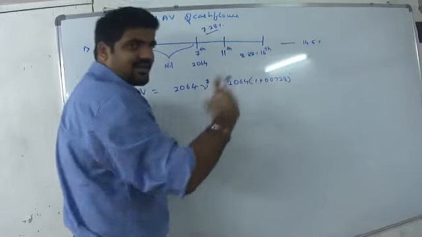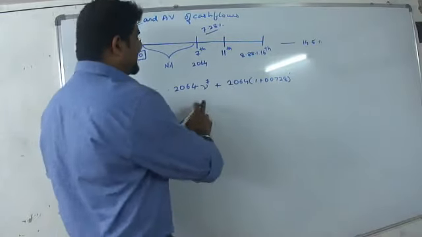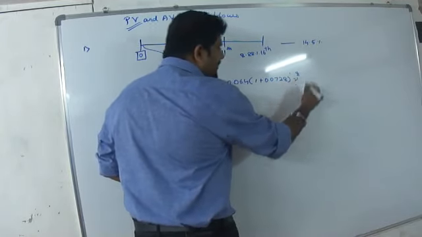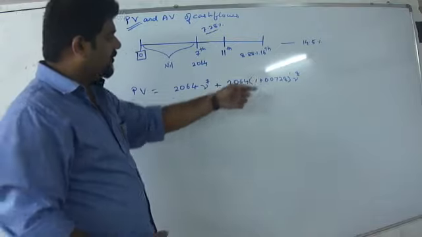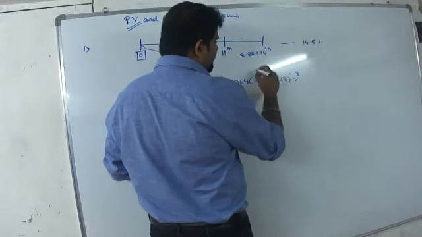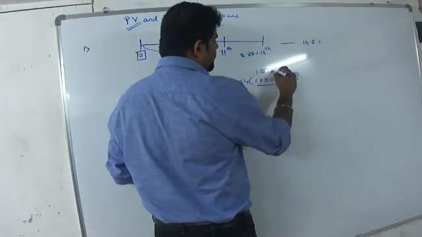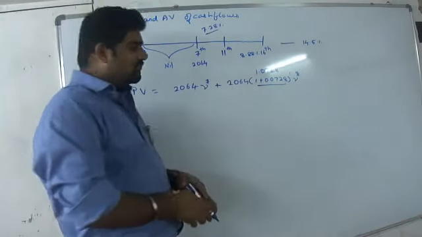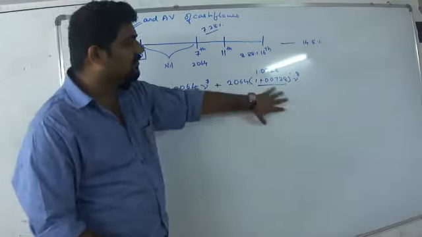Why? Because it is going one year ahead. Okay, and this will be after the 8th year, so the discounting factor will be to the power 8. You can directly write this as 1.0728 also. Okay, I hope it's clear. Now, this was the 7th year, this was the 8th year.